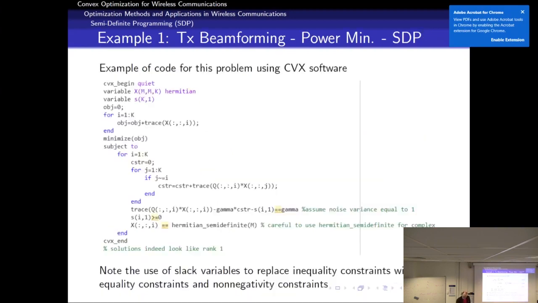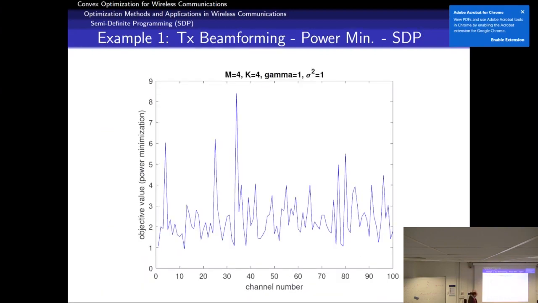And I generate here 100 random channel realizations. What that means is that I have 4 users and 4 transmit antennas, so I generate 4 channel vectors, one for each user, and I do this 100 times. So channel realization number 1 is essentially 4 realizations of the channel state information for those 4 users.